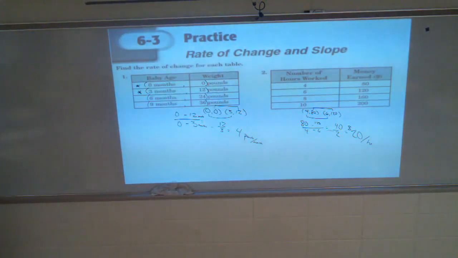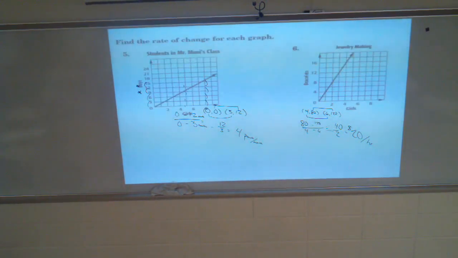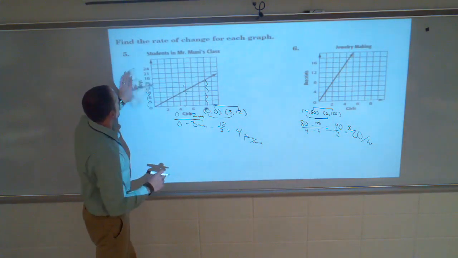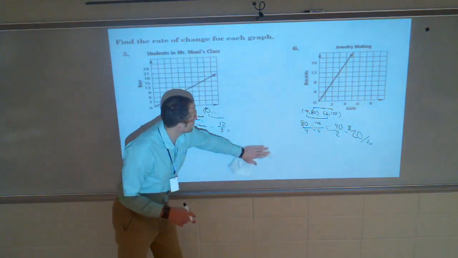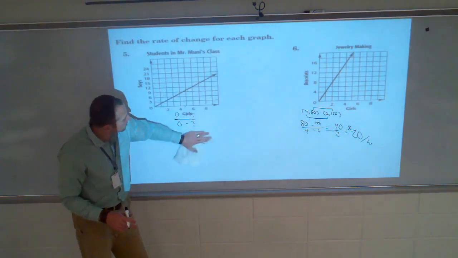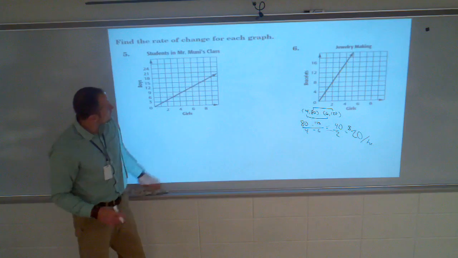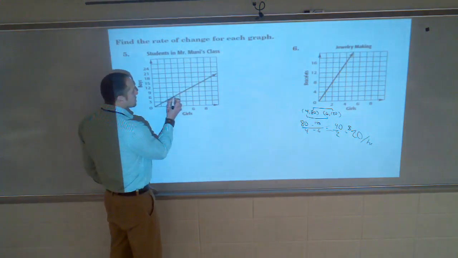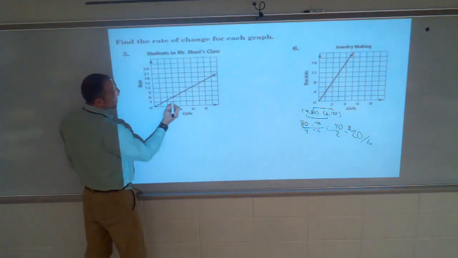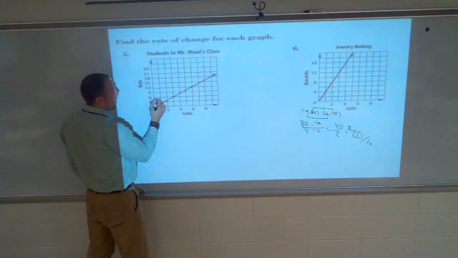Now, the next thing is going to be the exact same thing, except we're looking at a graph. Now, there's a couple ways you can do this. You can find a couple dots, and you can figure out how much you go up and how much you go over.